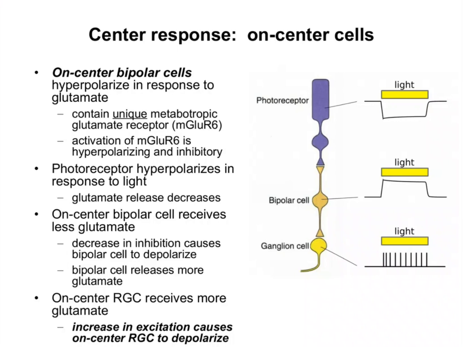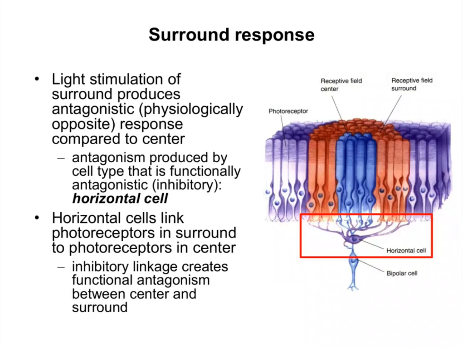And off-center retinal ganglion cells also receive synaptic input from off-center bipolar cells, but because off-center bipolar cells lose excitation when their presynaptic photoreceptors are stimulated with light, the bipolar cell and the off-center retinal ganglion cell both also hyperpolarize in response to light stimulation, and that's how we can get an inhibitory or an off response to stimulation of the center zone of their receptive fields.